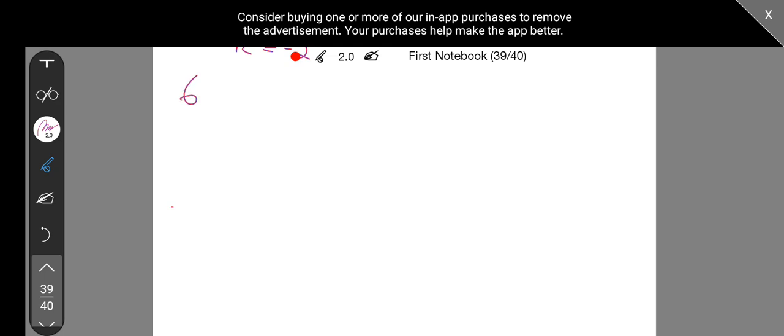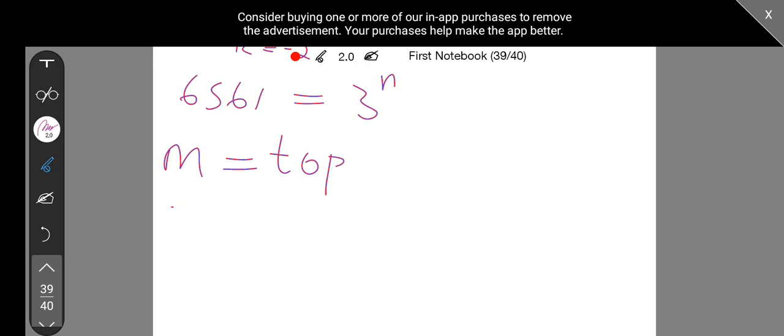So it's 6561 is equal to 3 to the power of n. So we're going to determine n, which stands for the number of terms. So what are the number of terms in this series? To cut the long story short, let's just use the letter n, the one that we are used to. N is equal to top minus bottom plus 1.